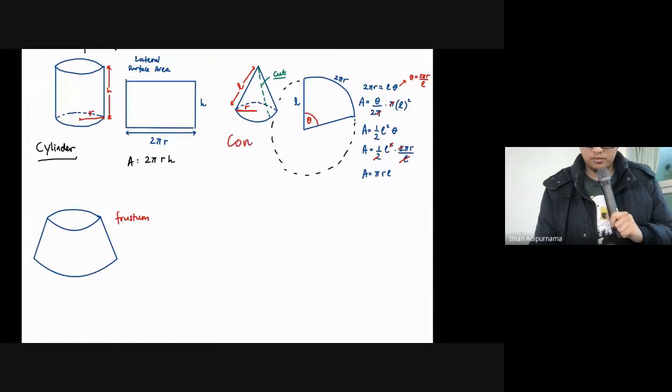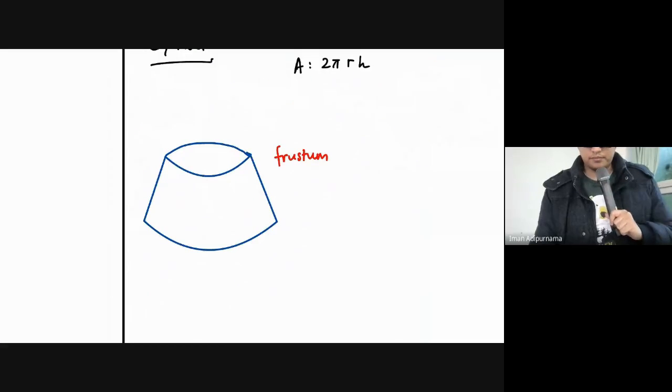This is a cone, and this is a frustum. It's like a big cone with the top cut off. Let me draw the cone here.